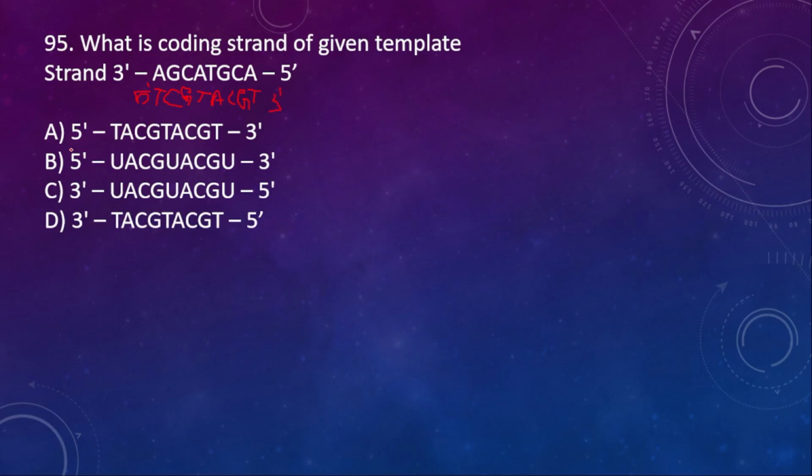If I'm going with this sequence, option A will be right. Only here A is extra. So the right option is option A.